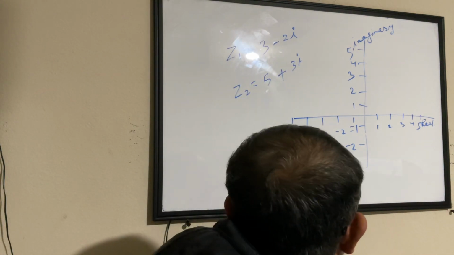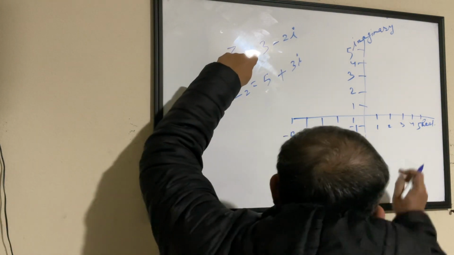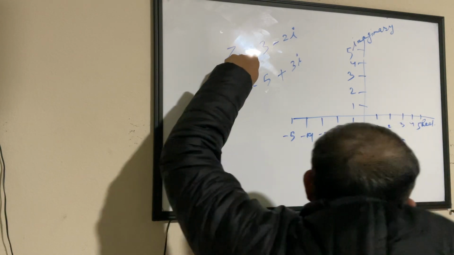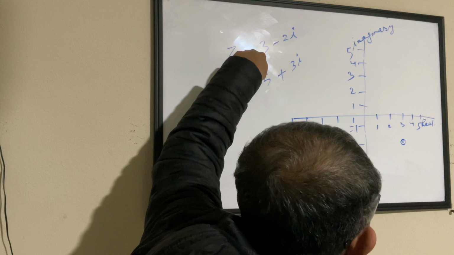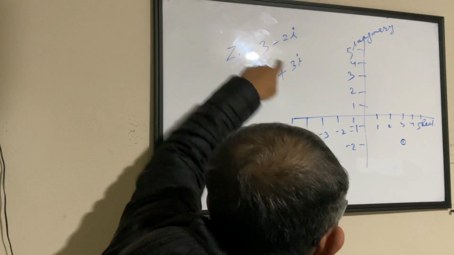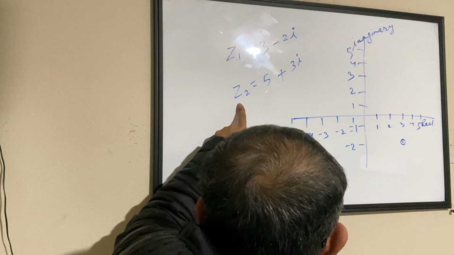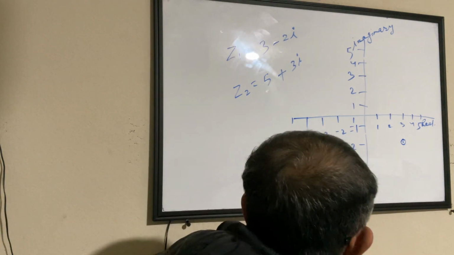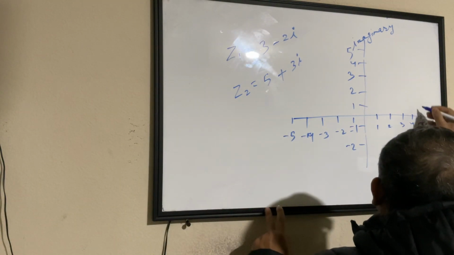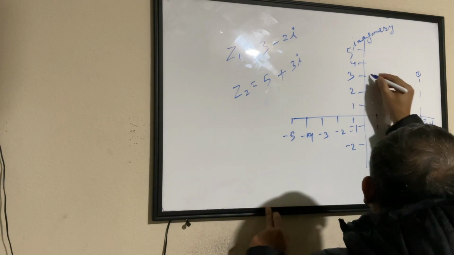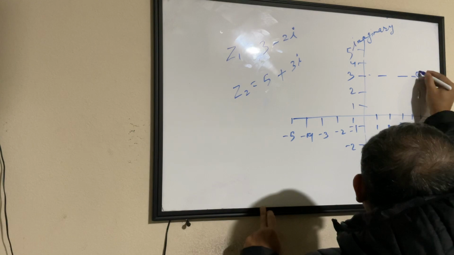So when I plot this on a complex plane, 3 minus 2i will be somewhere here. This is my first complex number. When I plot the second complex number, 5 plus 3i, it will be somewhere here: 5 here, 3 here. So this is my second point.